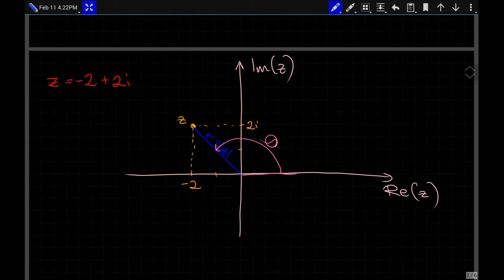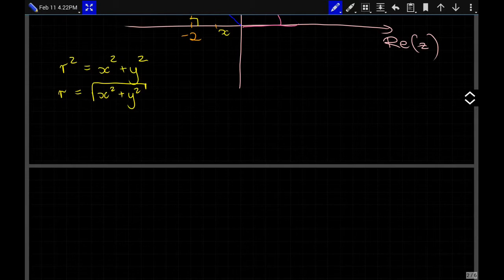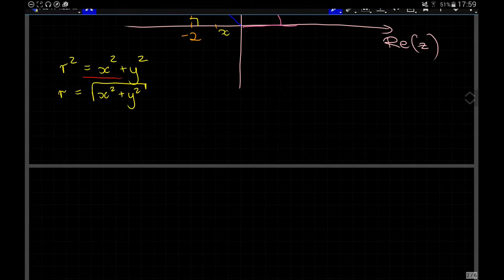Now if you look at this picture, you can see that this is a right-angled triangle with the shorter sides being x and y. So therefore, using Pythagoras, we have that r squared equals x squared plus y squared. And if we take a square root of that, we have r being the square root of x squared plus y squared. Now we want to find theta.